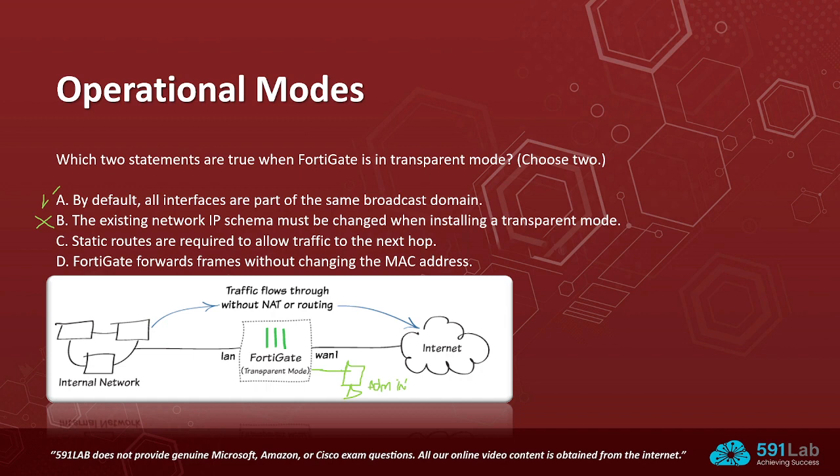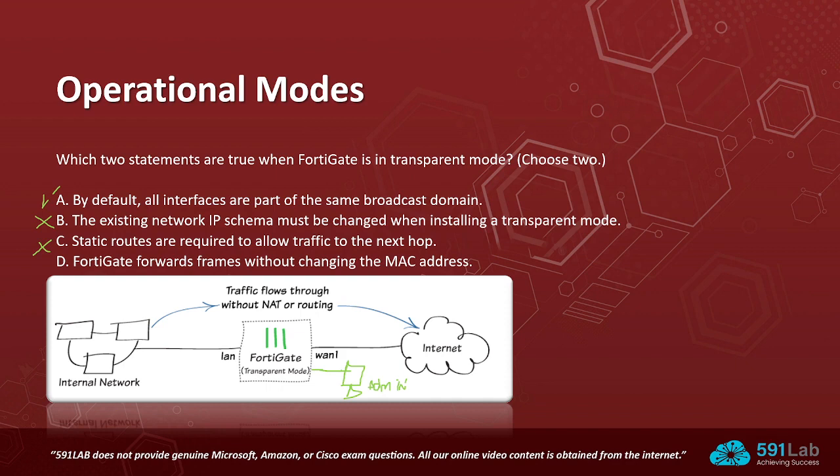Then the FortiGate is only a transit firewall that receives and sends the traffic depending on the policies that you have on that FortiGate, but you don't have to configure anything about routing. That is, as its mode says, transparent. So this is wrong.